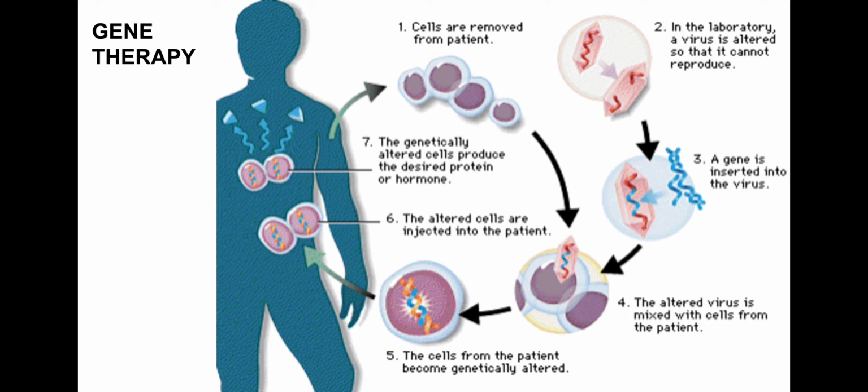The procedure of gene therapy for ADA deficiency contains certain steps which we will discuss here using this diagram. Initially, certain T lymphocytes are removed from the patient, and the T lymphocytes are then placed in an in vitro environment.